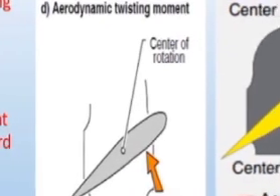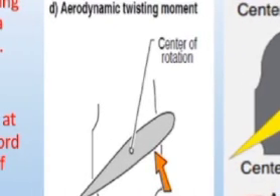It tries to increase the blade angle because the propeller has a common plane it rotates about. As it rotates, it has a center of rotation.